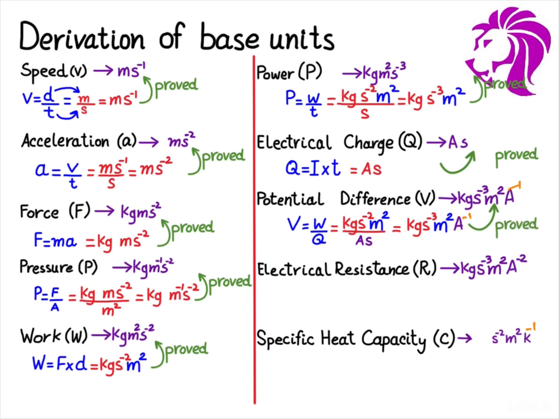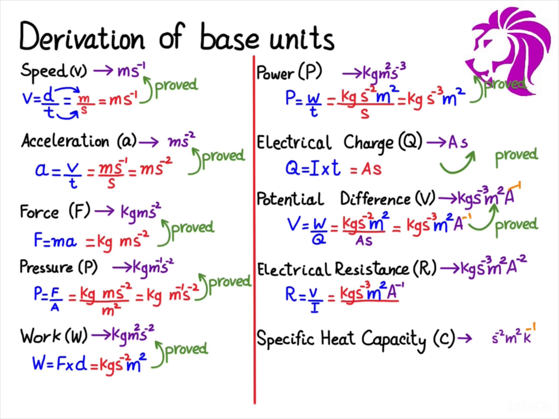Then electrical resistance is what? It's potential difference over current. We have already worked out the unit for potential difference: kg m^2 s^-3 A^-1.